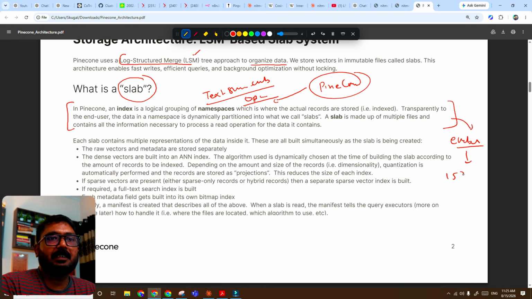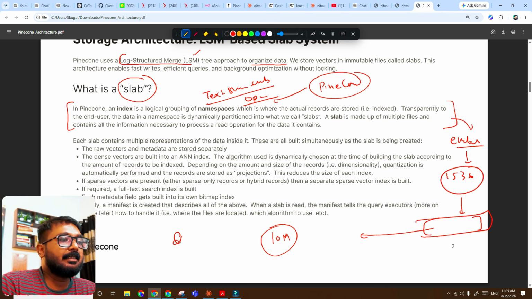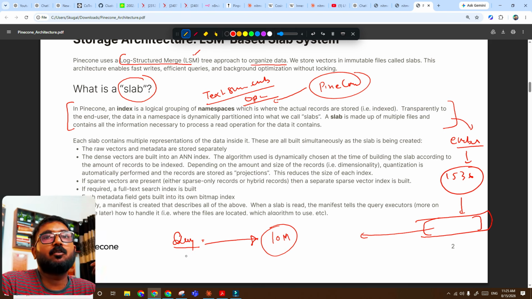These embeddings we select, let's say 1536 dimensions, for example, and we try to index them. But what happens if we index 10 million of these embeddings, right? Then a query comes in, and this query has to search in these 10 million, correct? So do you think that this query has to go to each and every 10 million vectors and try to match it? That will become very costly for Pinecone, for us, latency and cost. Everything will increase.